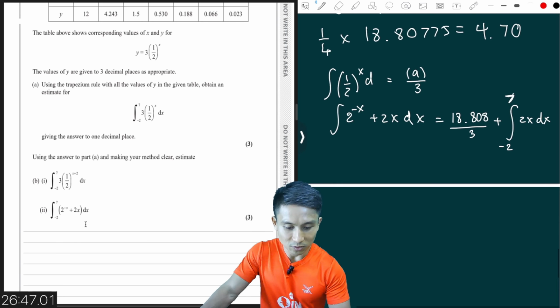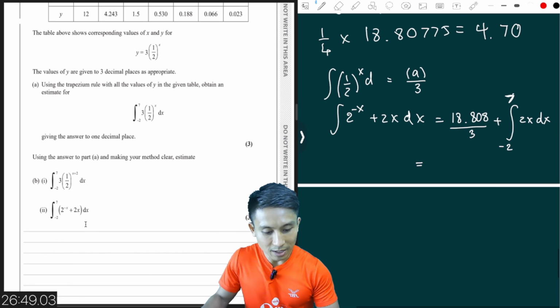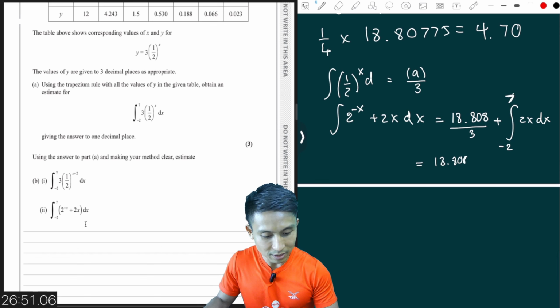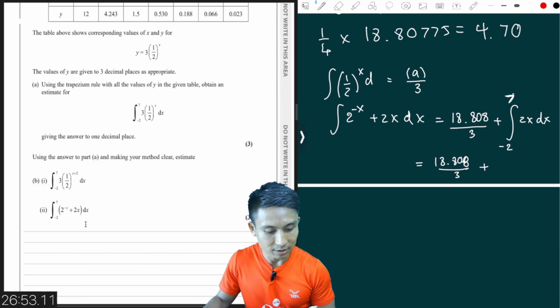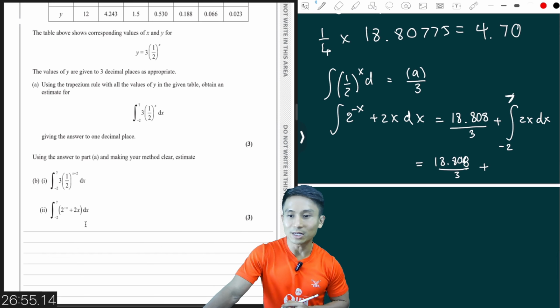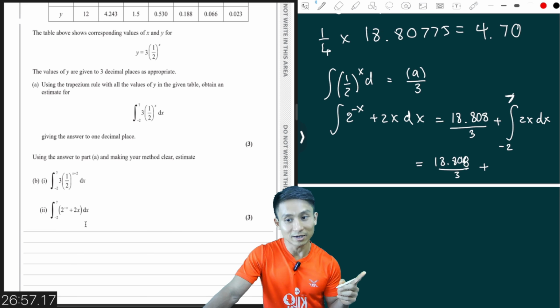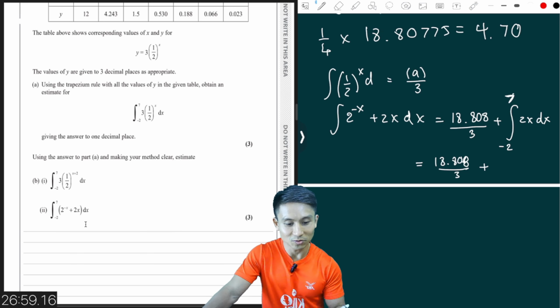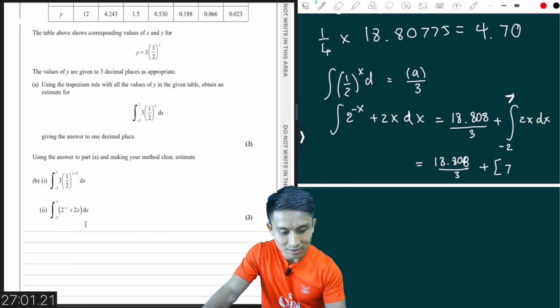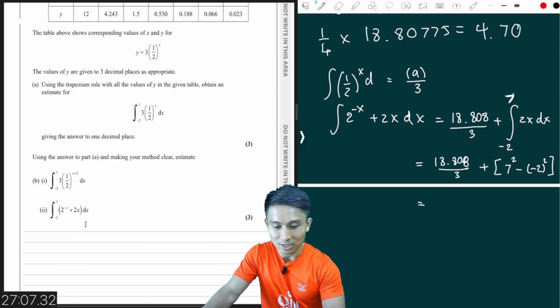So that is just what? That whole thing, just going to write again, yeah, plus 2x, right? We integrate that, we get x squared, because it's x squared over 2 times 2, so x squared is just basically 7 squared minus 2 squared, yeah, so that should be the answer there.